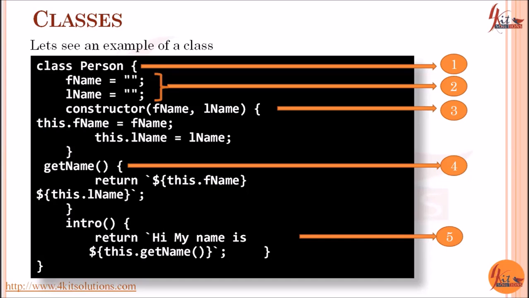It also contains methods. It has instance variables plus some methods which work on these instance variables. So here we have a method called getName which returns the first name and last name values. It also has one more method, intro. It returns some string and it calls the getName function.